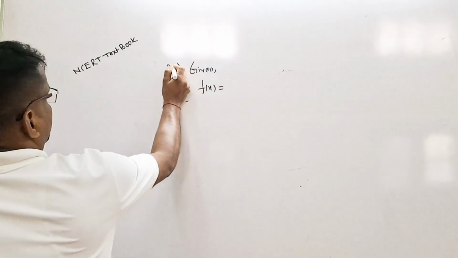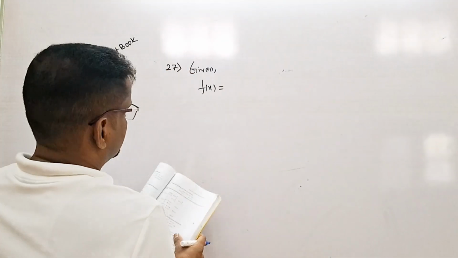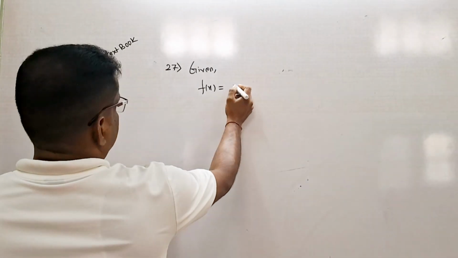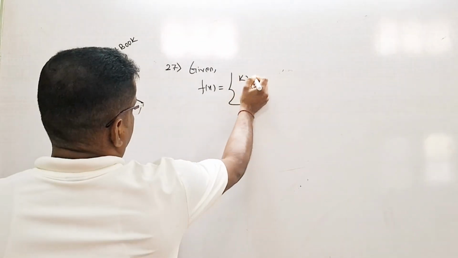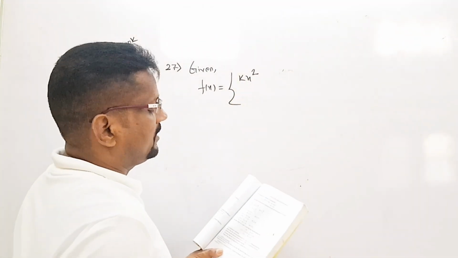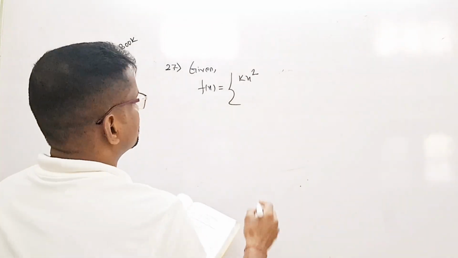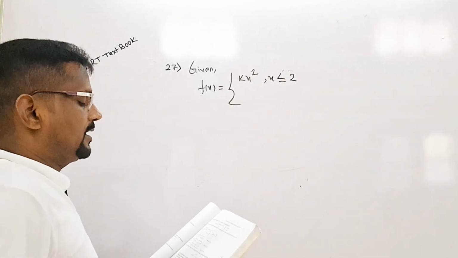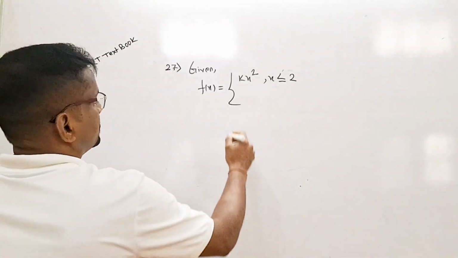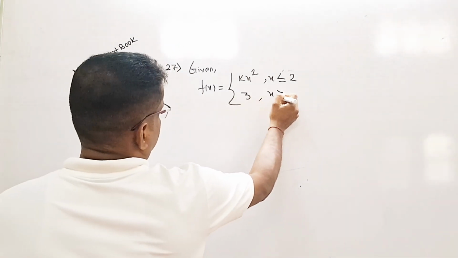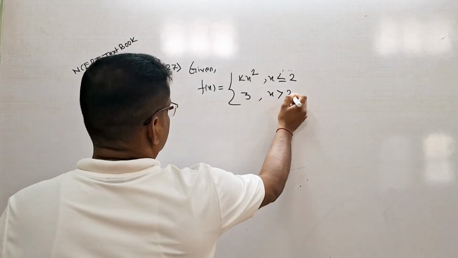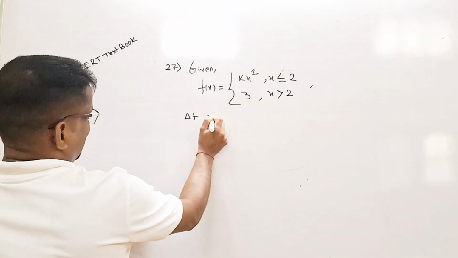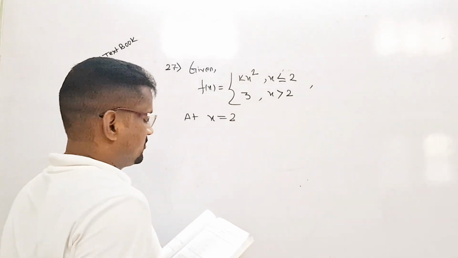So in question number 27, how is the function defined? f of x equals kx square when x is less than or equal to 2, and f of x equals 3 when x is greater than 2. They are saying that at x equal to 2, this function is continuous.